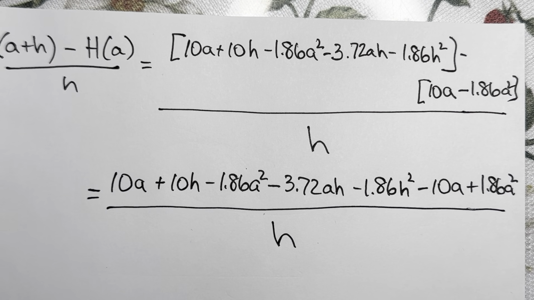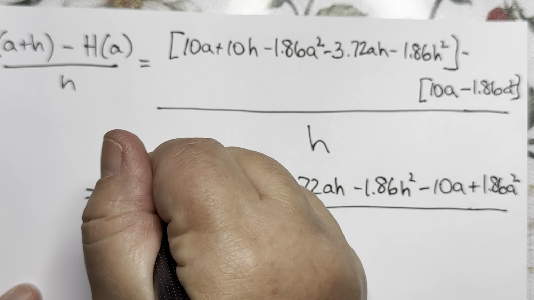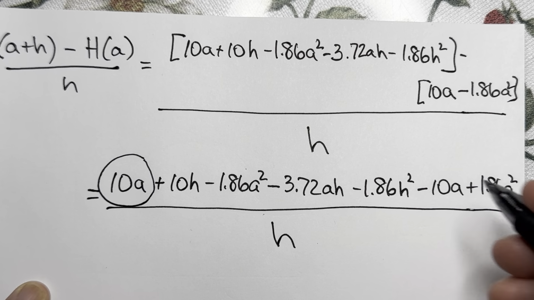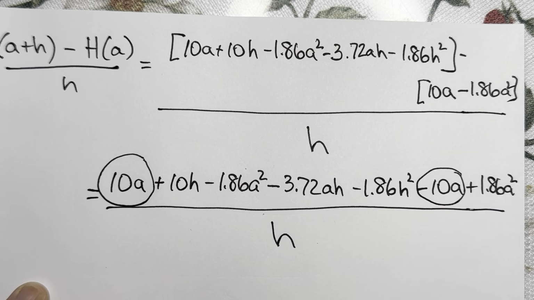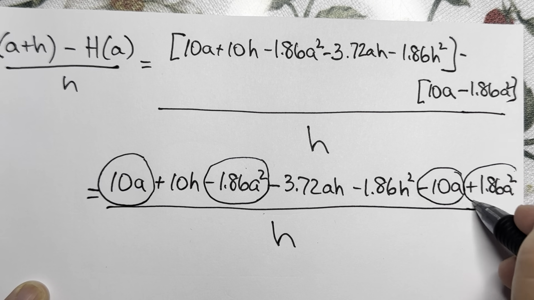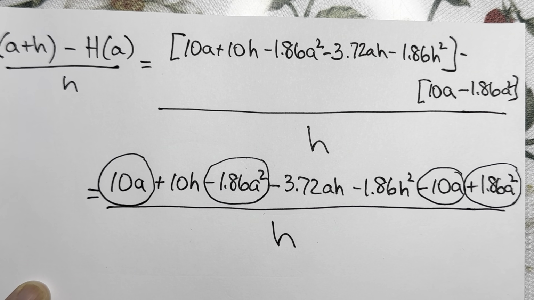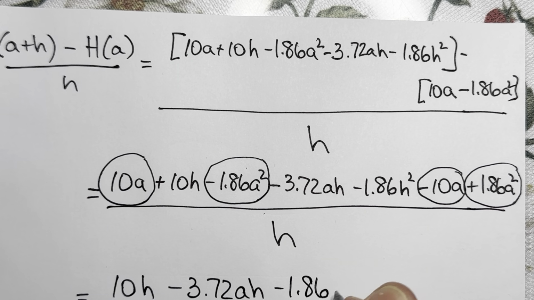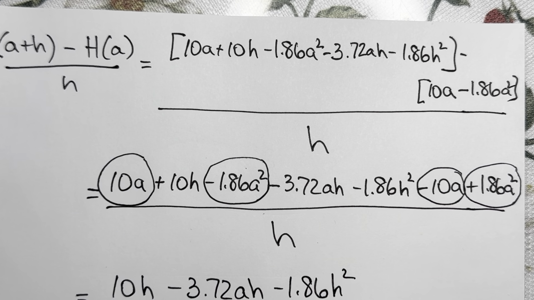Now, when we do this, notice that I've promised you anything that doesn't have an h in it will cancel itself out. So the 10a right there and the minus 10a cancel out. And the minus 1.86a squared and the plus 1.86a squared, they also cancel out. So then what I have is 10h minus 3.72ah minus 1.86h squared all over h.